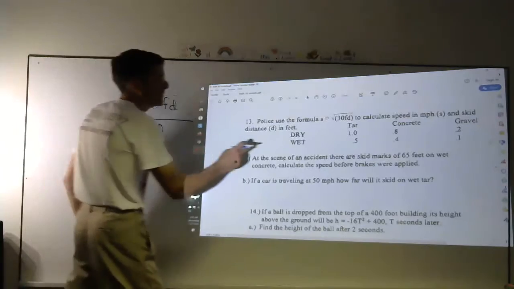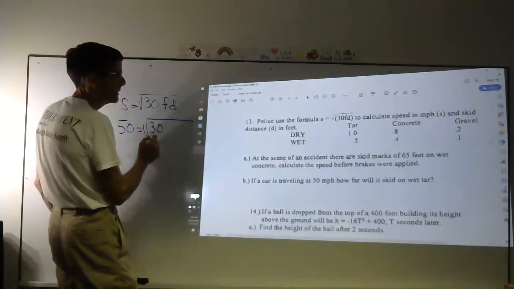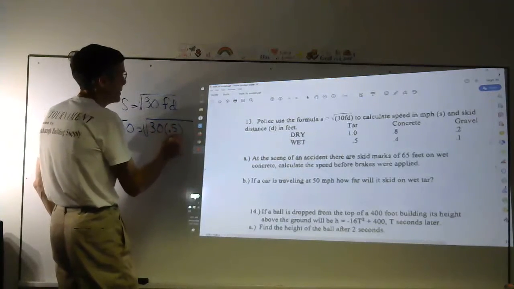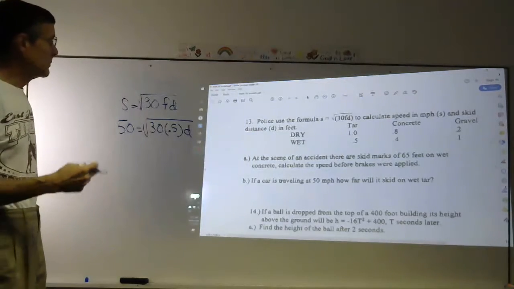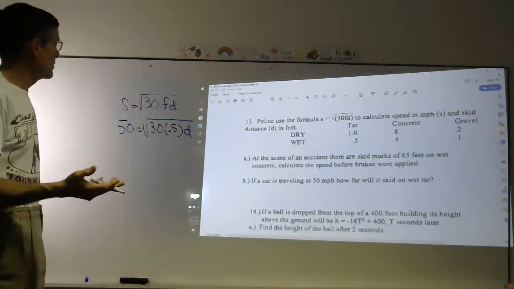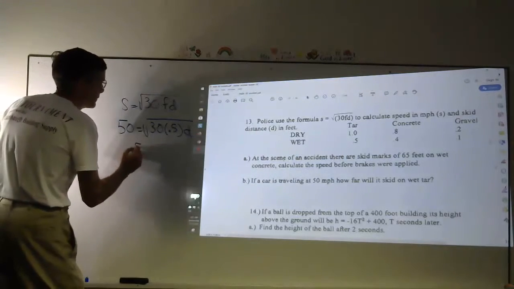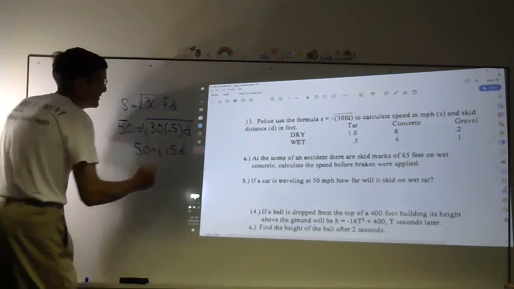The 30, and wet tar is 0.5. Okay, 0.5. And we want to find the distance. All right, so we want to find out how far it's going to skid on wet tar. So 0.5 times 30 is 15. So 50 is equal to the square root of 15D.